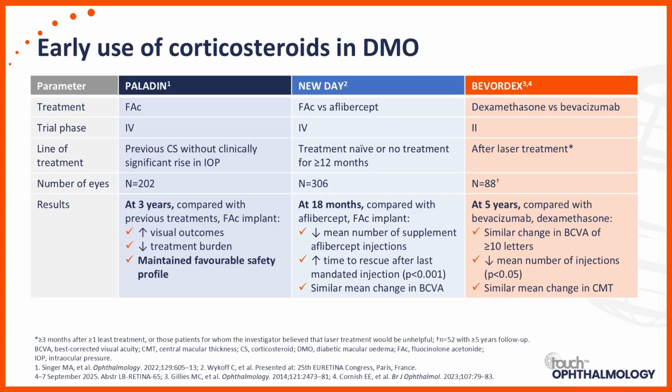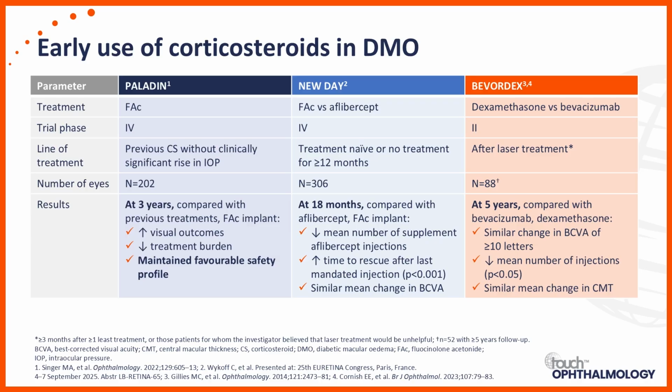So these two studies, the Paladin and New Day study, were able to show that the use of steroids were able to produce really very good therapeutic effect without significant complications. And also, if you consider the long-term results of these patients, you do not see significant complications.